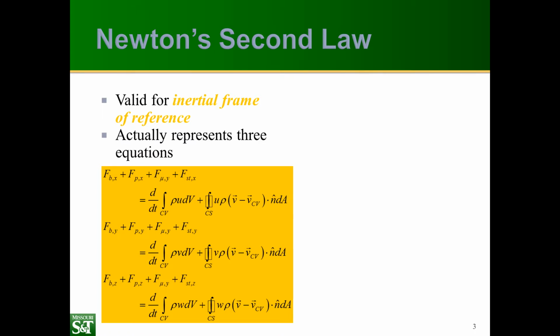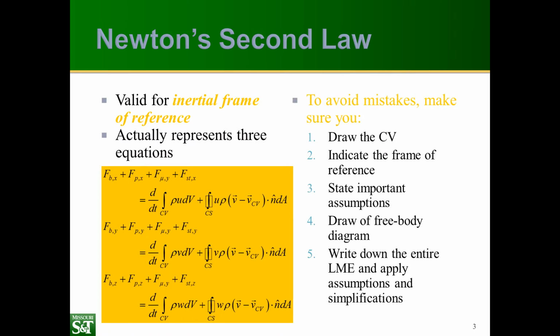We can also apply the linear momentum equation to accelerating frames of reference, but we need to add an acceleration term to the equation. Now, when we start analyzing these systems, we have to be very careful to avoid mistakes in our signs or in the direction of our forces.